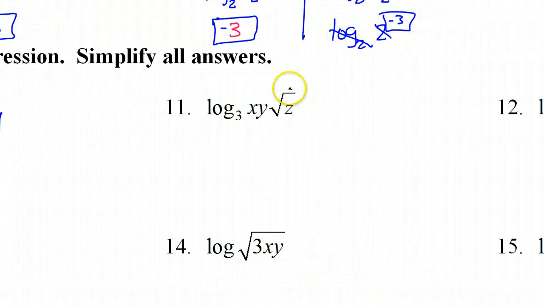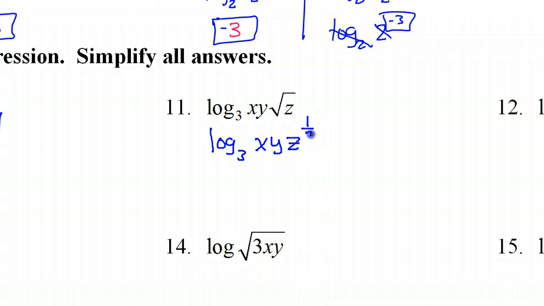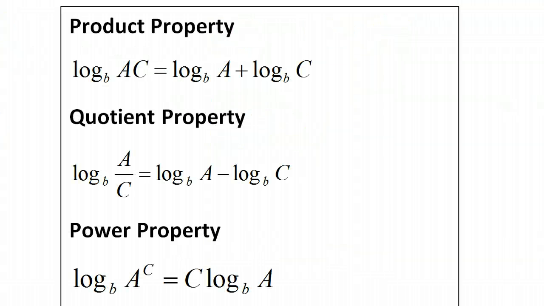Alright, this one. First thing, please remember, square root of z is the same thing as z to the 1/2 power. So this would be the same thing as log base 3 of x, y, z to the 1/2 power. Okay, now we are going to use our product rule, only there will be 3 things being added.